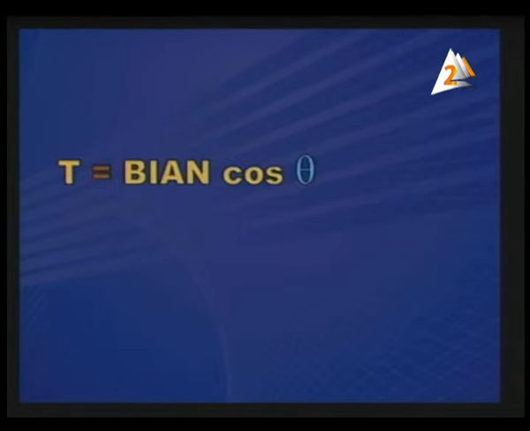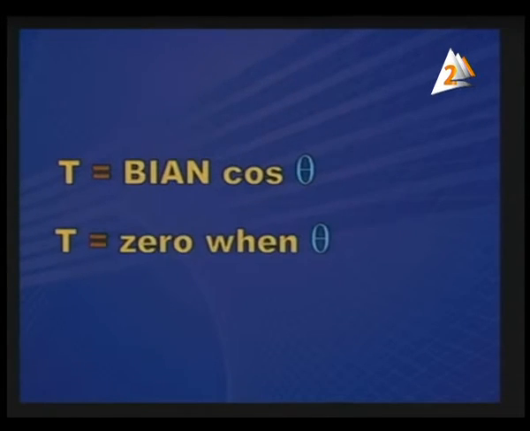Since the torque is given by the expression T = BIAN cosine theta, where theta is the angle between the plane and the magnetic flux lines, the torque is 0 when theta is equal to 90. Cosine 90 equals 0.